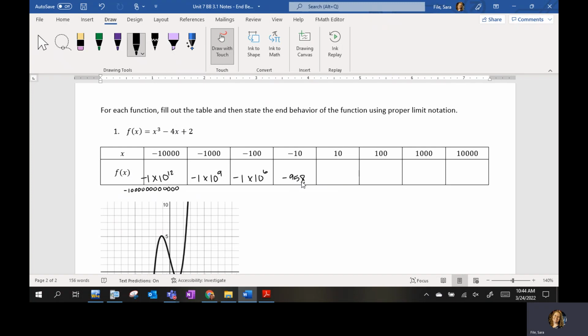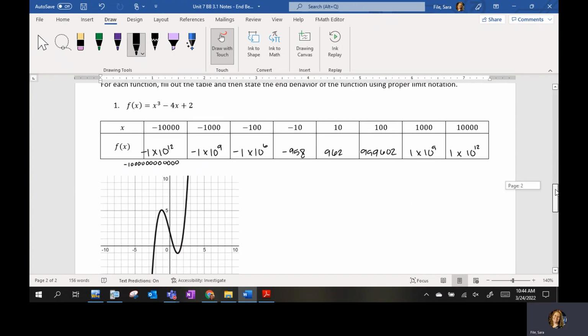And then we're to positive 962. And then 999,602. And back to scientific notation because they get too big. 10 to the 9th, and 1 times 10 to the 12th. But this time positive, not negative.